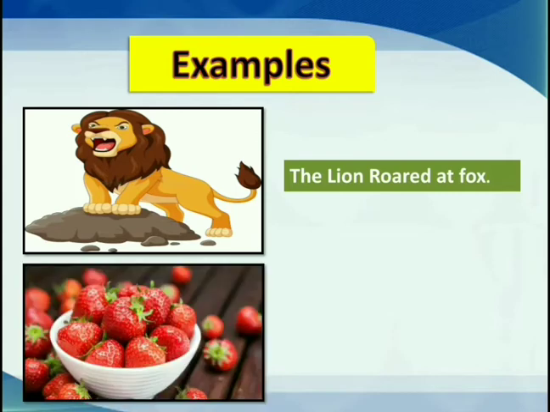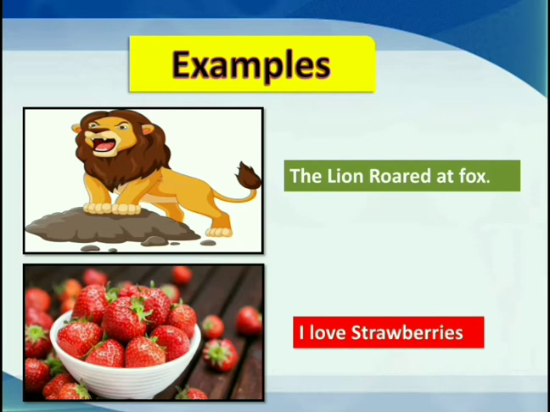When I look at my second example, with this picture what comes to my mind is, I love strawberries. Now, students, when I look at these two examples, they are conveying complete information to me. That means it is a sentence.